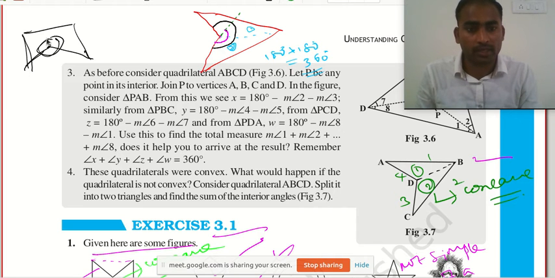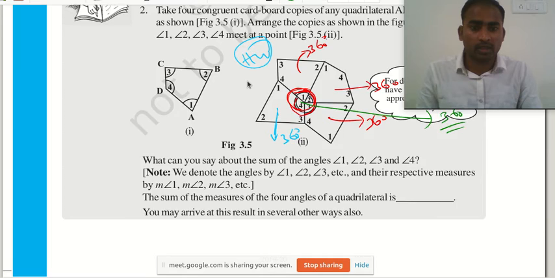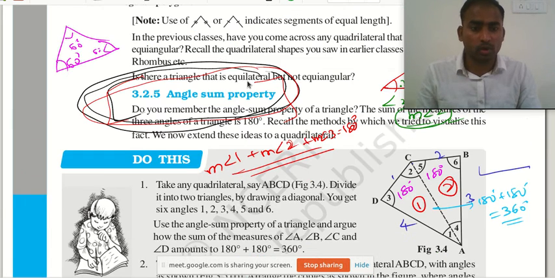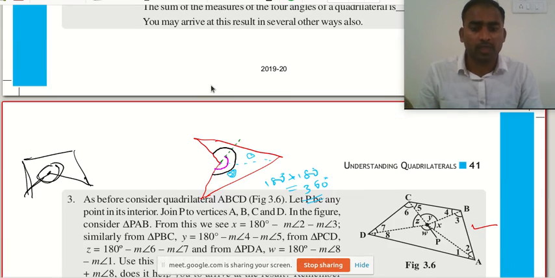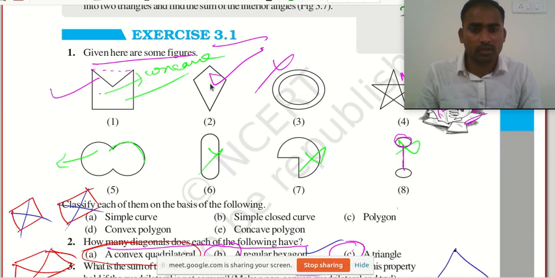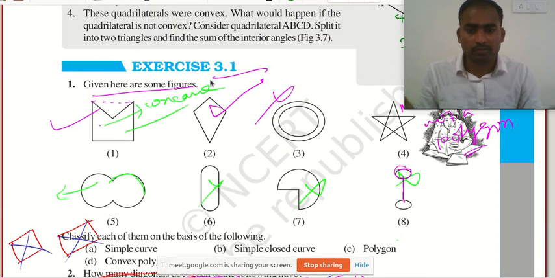But any one angle in a concave polygon is more than 180 degrees. In a convex polygon that will not be the situation. No single angle is more than 180 degrees in a convex polygon. But in a concave polygon, any one angle will be more than 180 degrees. Have you understood this one? Yes, sir.